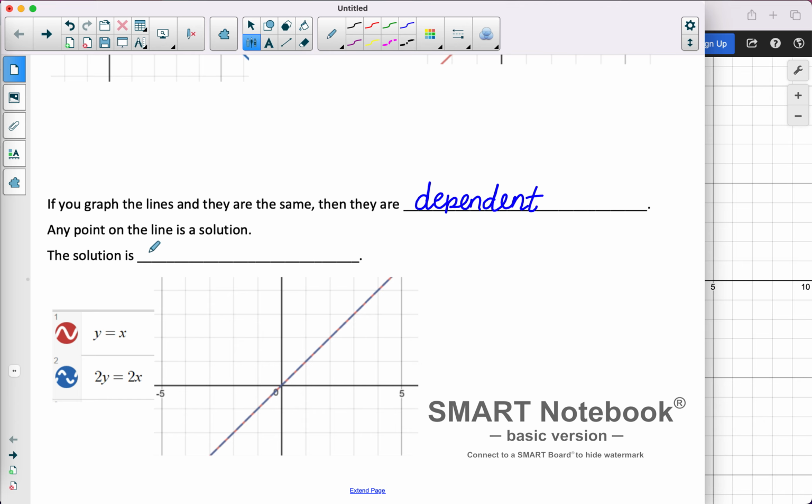We have infinitely many solutions. And we're going to talk about how we explain what the infinitely many solutions are, because while there are infinitely many, there's a specific relationship between x and y.